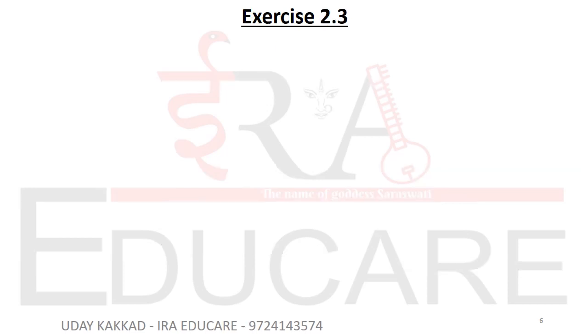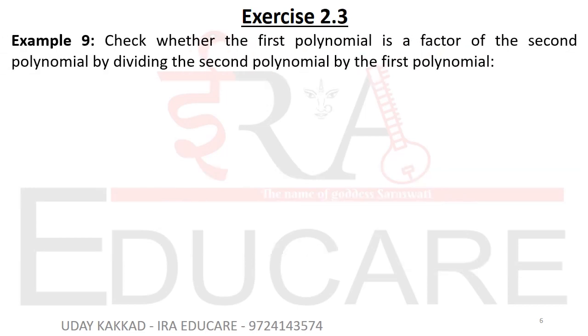Now example number 9. Check whether the first polynomial is a factor of the second polynomial by dividing the second polynomial by the first polynomial. So friends, do you know what the factors of a simple number 8 are? 2 and 4 are factors. 8 is also a factor and 1 is also a factor of 8.